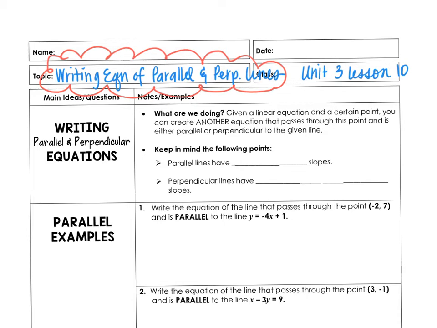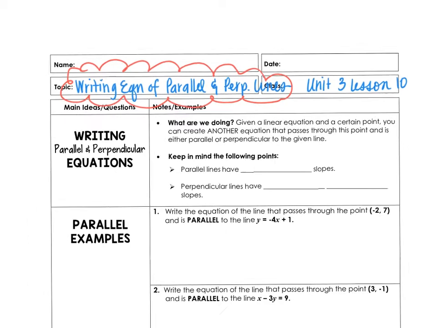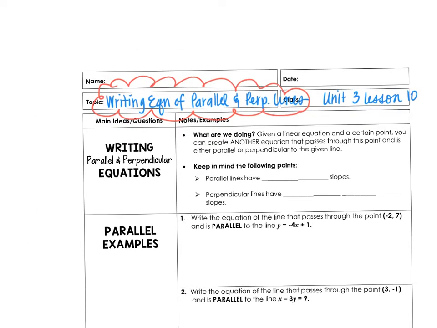Okay, so we have written equations of lines given a slope and a point. We've written equations of lines given slope and y-intercept. We've written equations of lines from a graph, so you had the graph and you found the slope and the y-intercept.